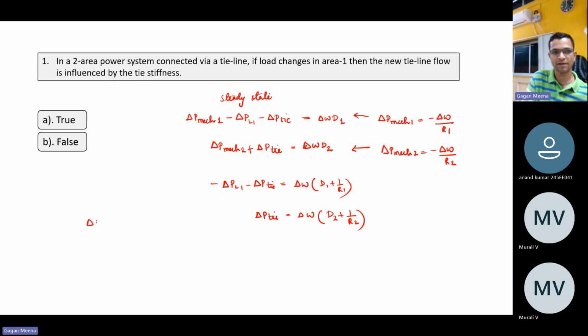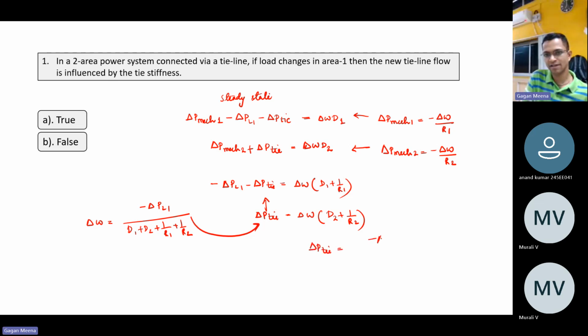And delta omega is equal to delta theta, so we can substitute delta beta here. So it will be minus delta PL1 divided by D1 plus D2 plus 1 by R1 plus 1 by R2, and if we substitute it here, then delta P tie is equal to minus delta PL1 times beta 2 by beta 1 plus beta 2.